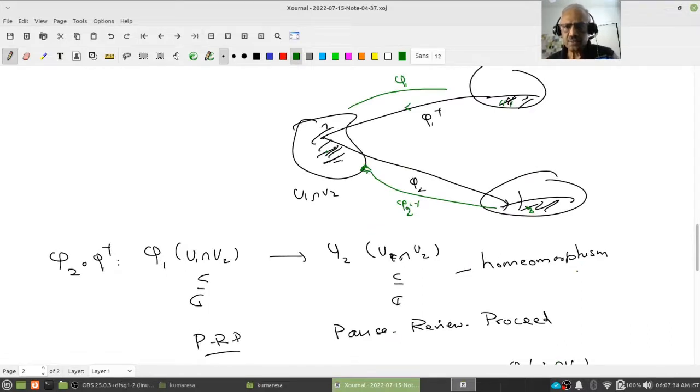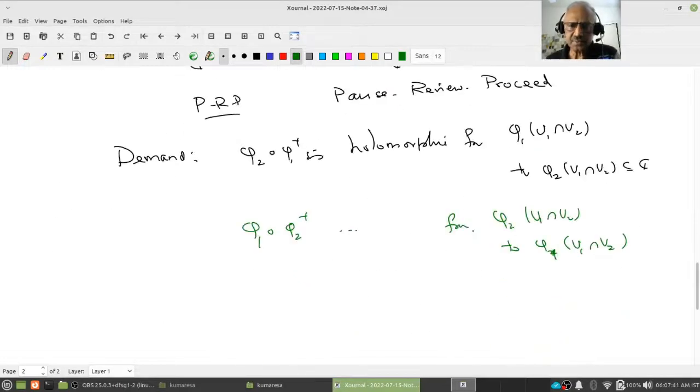If you have a pen and paper, draw the picture so that you keep it in mind, so it is easy. Notice that this is a bijection. Therefore you can also see phi 2 composite phi 1 inverse, if you call it xi, then xi inverse is phi 1 composite phi 2 inverse. Is that clear?